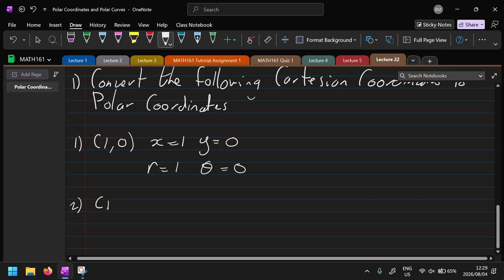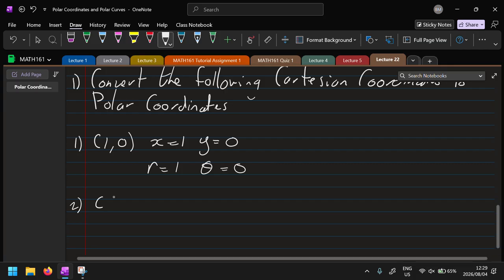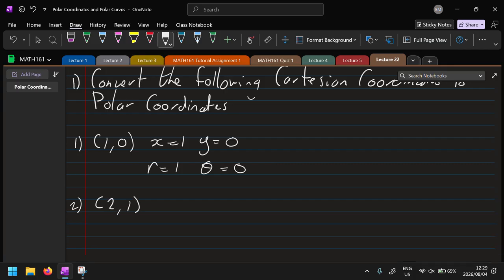Number 2. Okay. Sorry, (2, 1). So we can read off the x and y. So x will be 2, y will be 1. Okay, and then given that, we want to use those formulas we wrote down to convert this from Cartesian, x and y, to polar, r and theta. So r, that's going to be root 5.